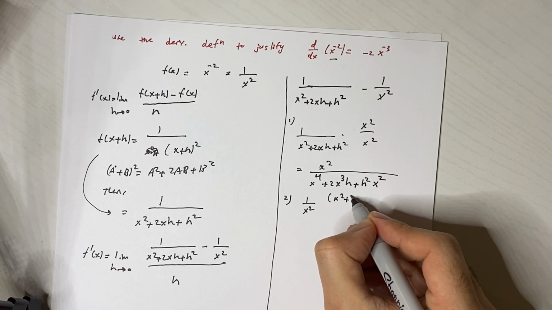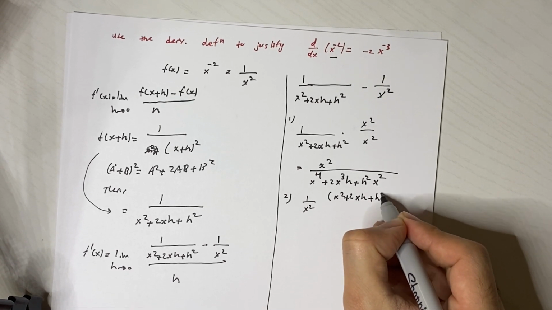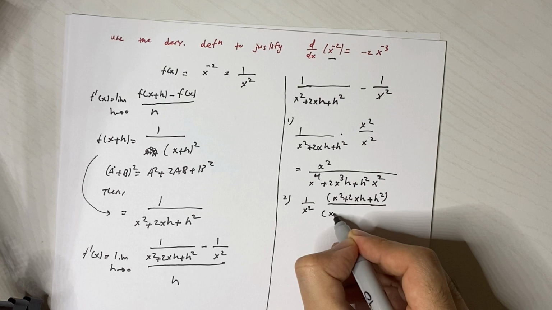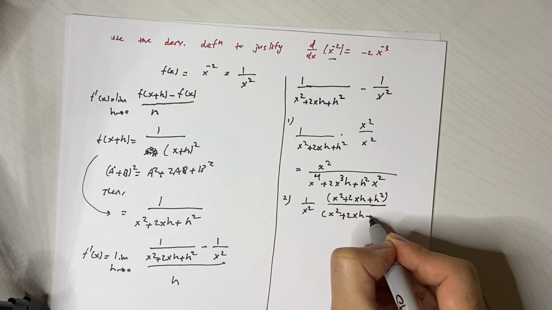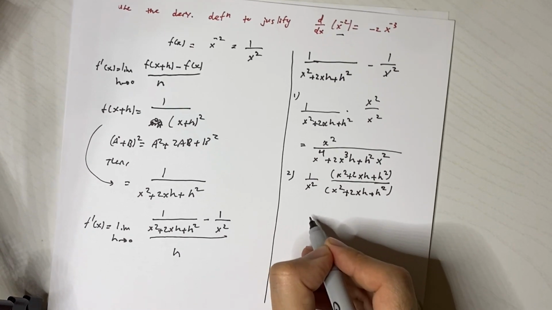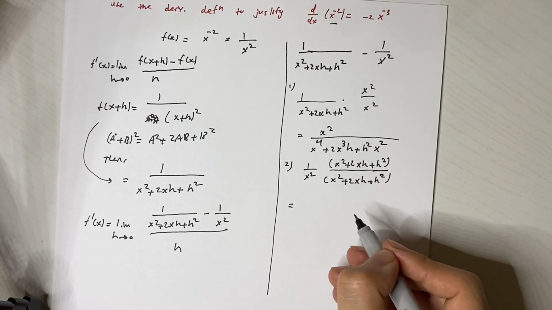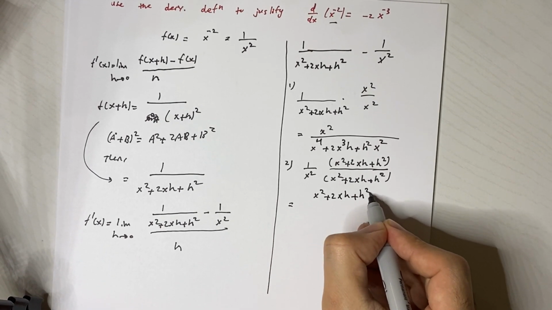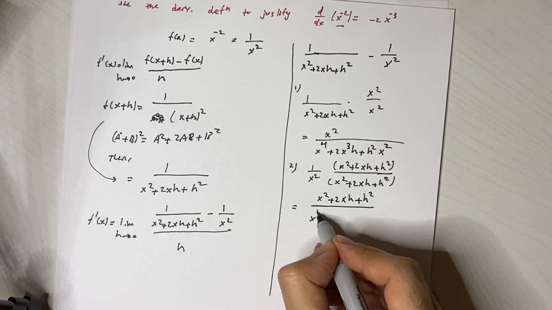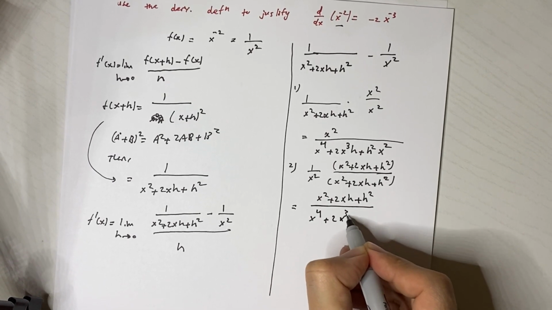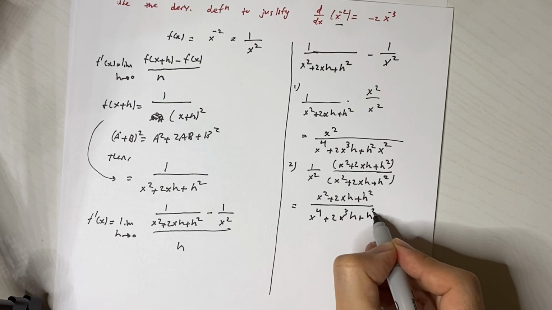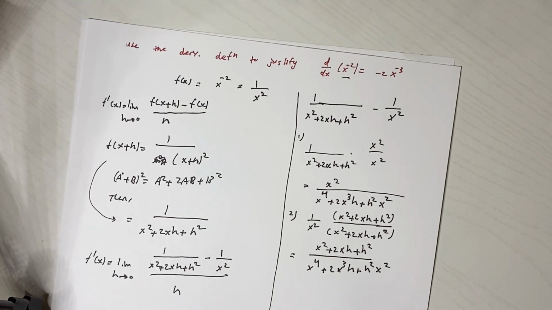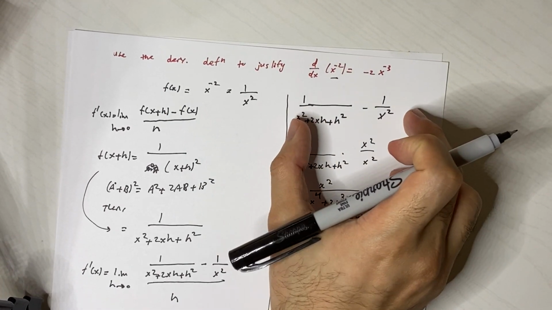We can multiply that by x squared plus 2xh plus h squared, top and bottom. So the top is going to be the same since it's multiplied by 1, and then the bottom will be x to the fourth plus 2x cubed h plus h squared x squared.